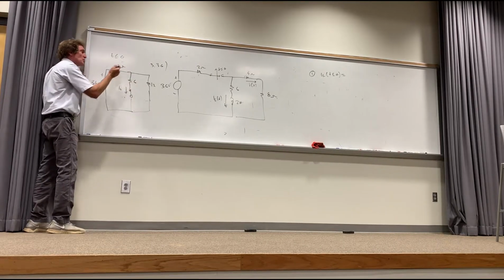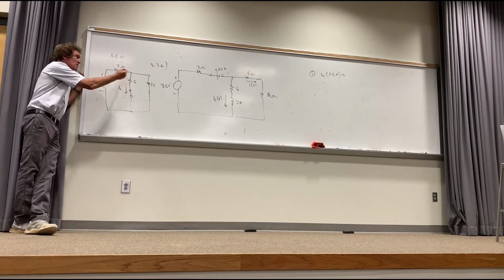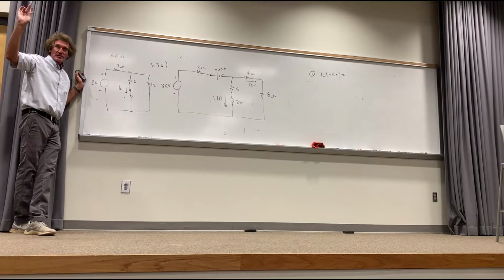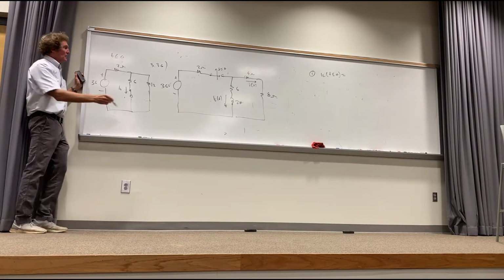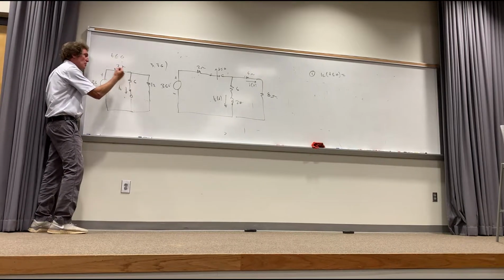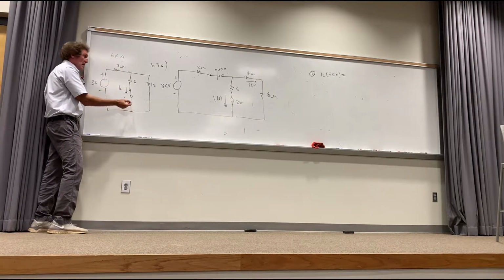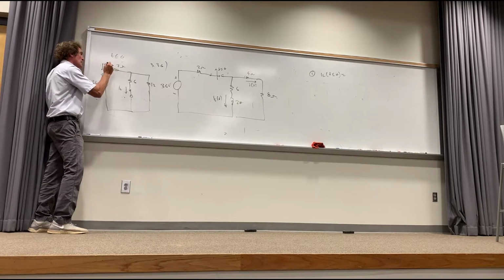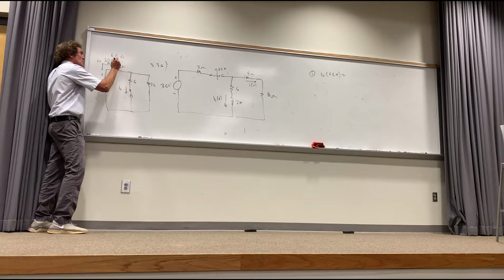Well, 4 and 2 is 6. Can you see it's in series with 2? Give me a show of hands if you can. Y'all with me on this? So I've got 6 total ohms here, and I have 36 volts, don't I? So the current here would be I equals 36 over 6, or 6 amps.